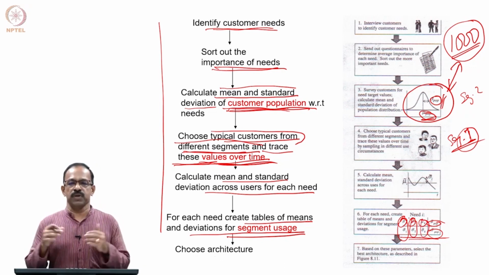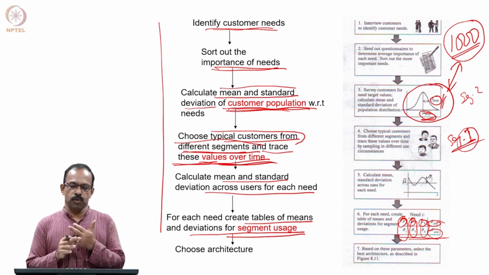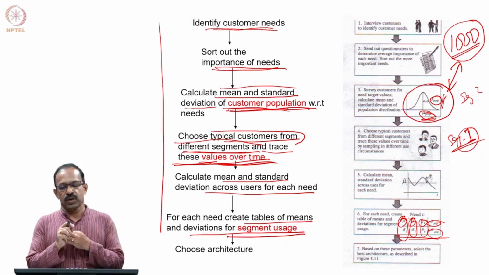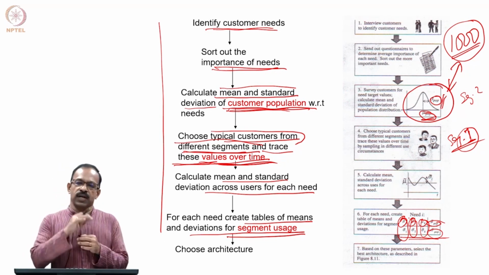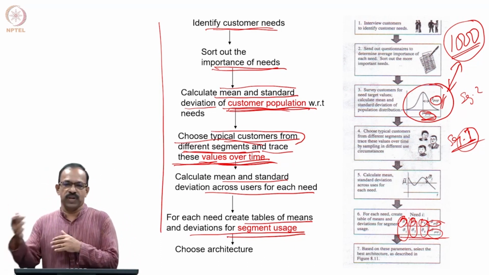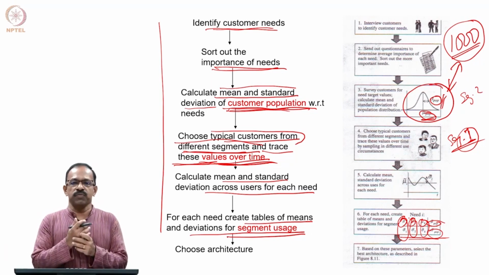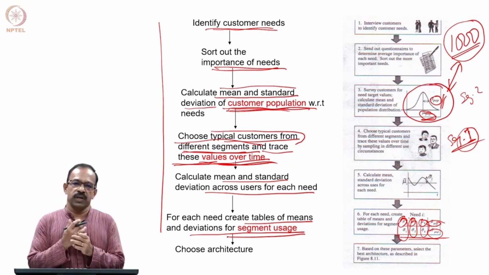So, now we have a lot of information collected through customer surveys. You have the population mean and population standard deviation for all the needs. Then we have the variation of these values of mu and sigma over a period of time for each need, and for segments also we have this mu and sigma for each need.